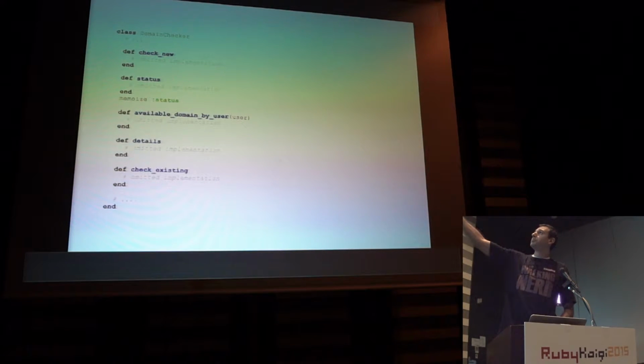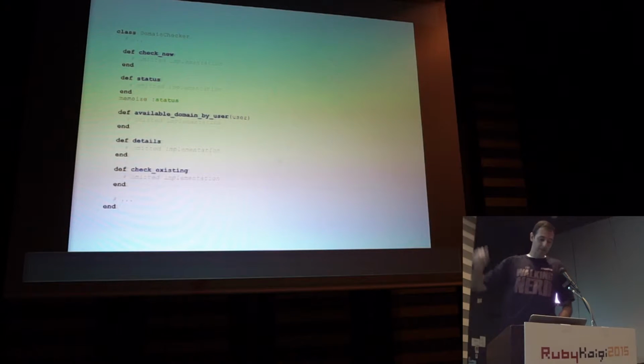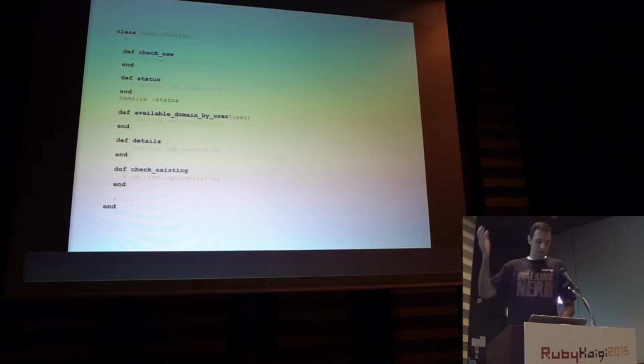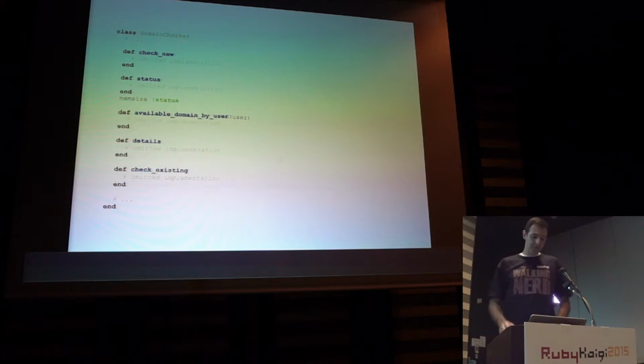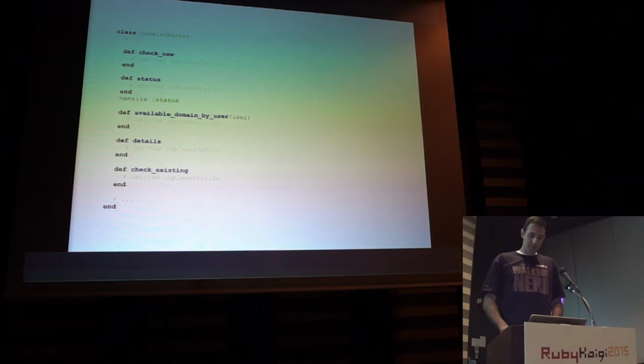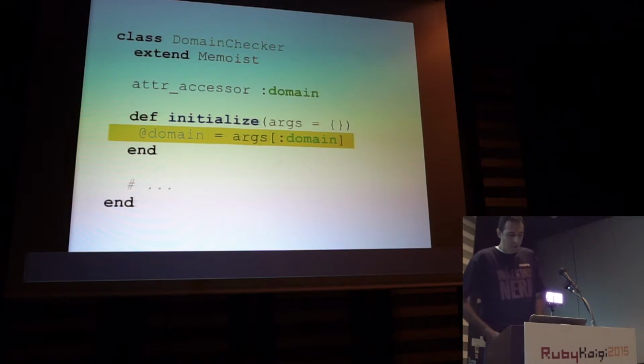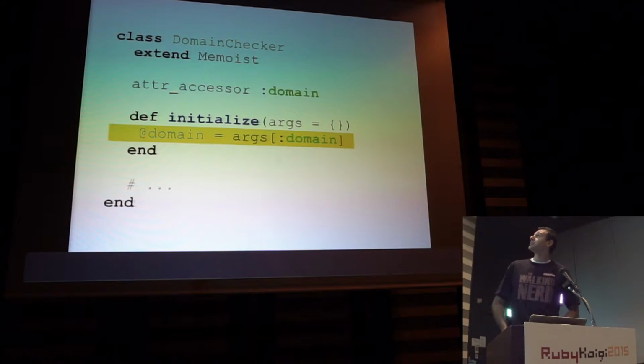These are the public methods of this class. So let's view the code of this class to find its problems in parts. First, a constructor with a hash parameter.